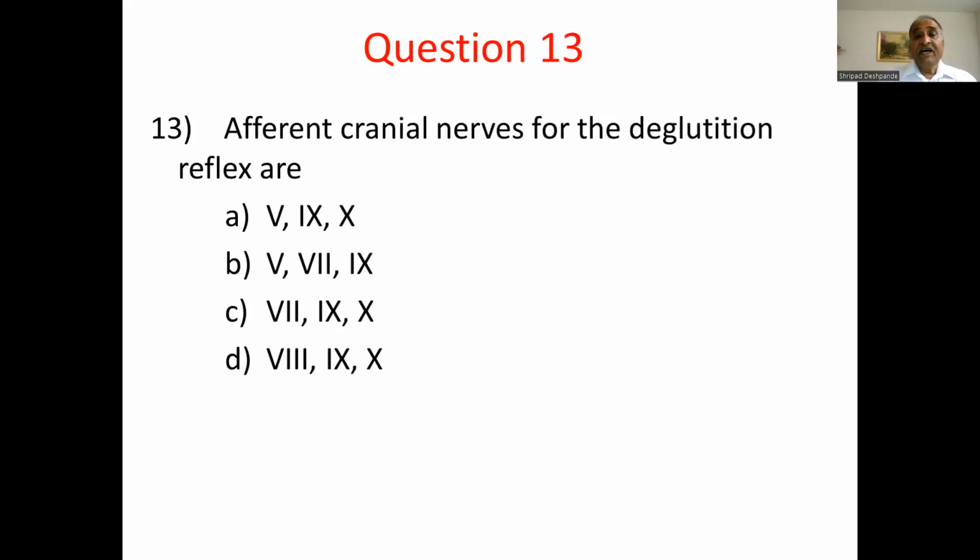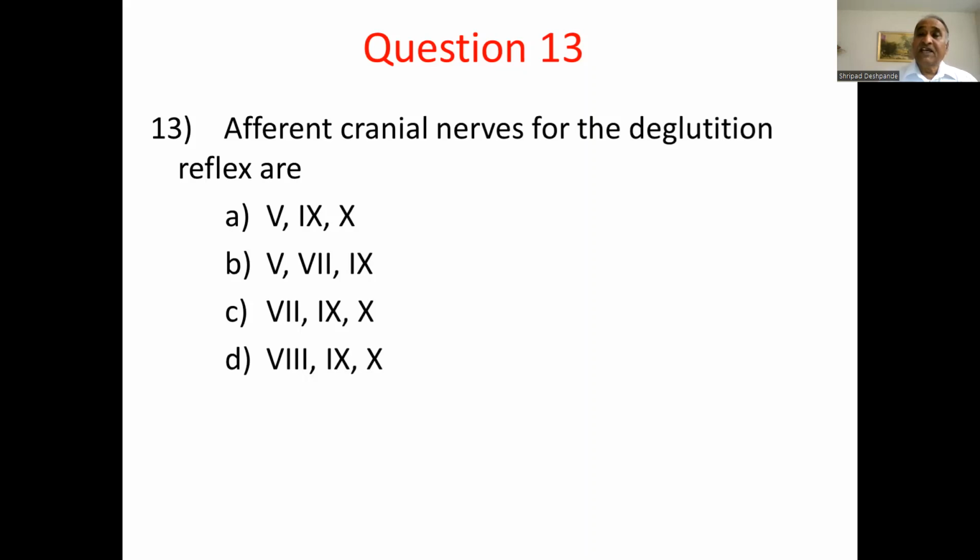D, cranial nerves 8, 9, and 10. Look here, 8 is the vestibulocochlear nerve, so it's nothing to do with deglutition. 7th is a motor nerve, it's nothing to do with the afferents. So C and D are out.